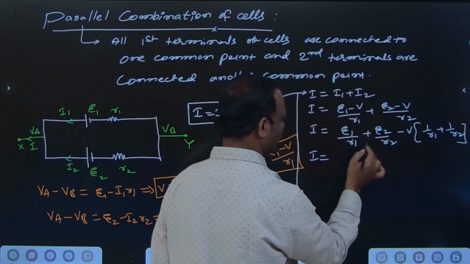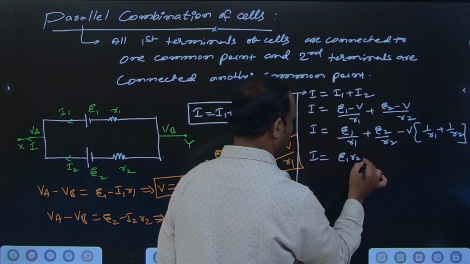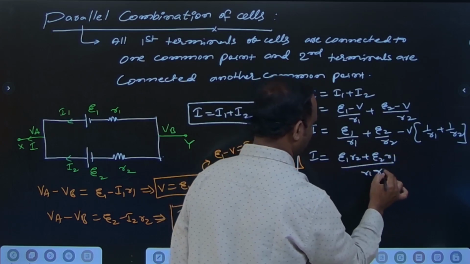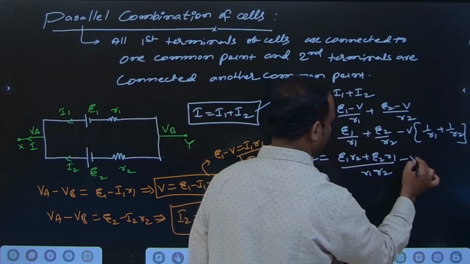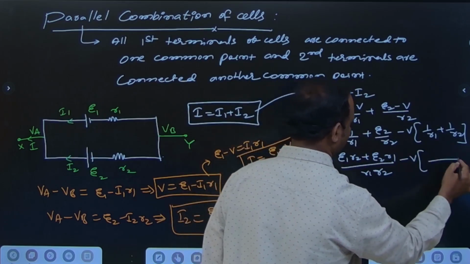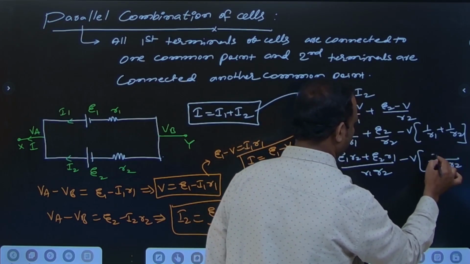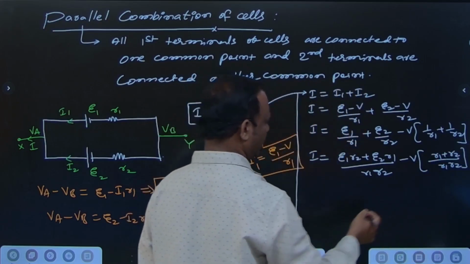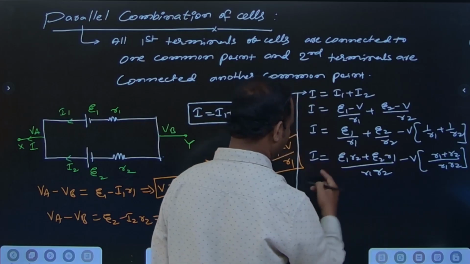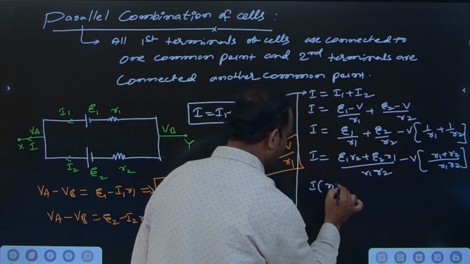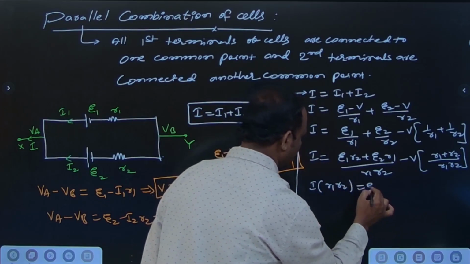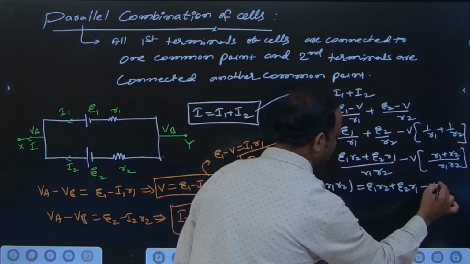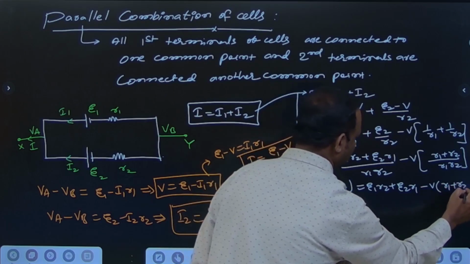One more step: E1 R2 plus E2 R1 by R1 R2, the LCM, minus V times R1 plus R2 by R1 R2. Bringing this across, I times R1 R2 is equal to E1 R2 plus E2 R1 minus V times R1 plus R2.